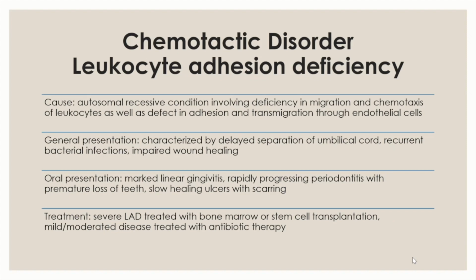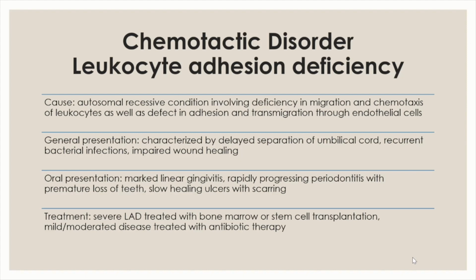The second type of chemotactic disorder is leukocyte adhesion deficiency. It is an autosomal recessive condition involving deficiency in migration and chemotaxis of leukocytes, as well as defects in their adhesion and transmigration through endothelial cells. The condition is characterized by delayed separation of the umbilical cord, recurrent bacterial infections, and also impaired wound healing.